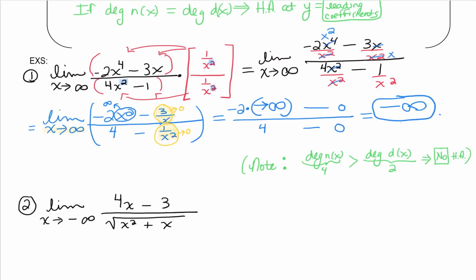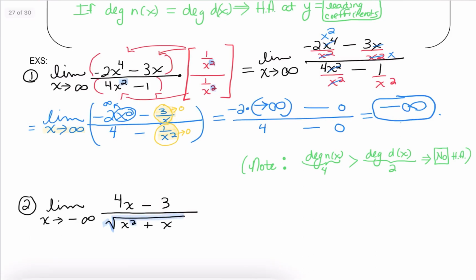It's not just a polynomial divided by a polynomial, so I can't really talk about the degree of that denominator. But I can talk about the highest power of x that I see in that denominator. And the highest power of x that I see in that denominator is an x squared. But this time it's an x squared that is inside of this square root.